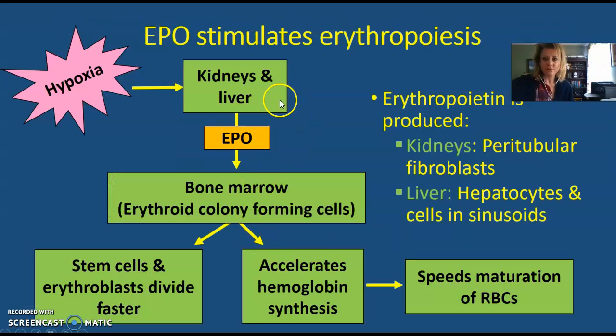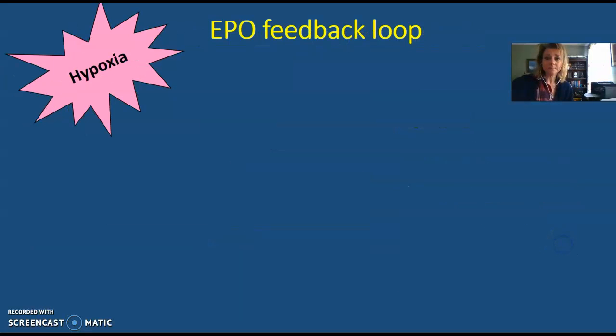And so this is just showing you how hypoxia, or low oxygen levels, are going to induce the kidneys and the liver, I didn't mention liver, to secrete EPO. And then that's going to stimulate our bone marrow to create more red blood cells, to accelerate hemoglobin synthesis, and to speed the maturation of those red blood cells.